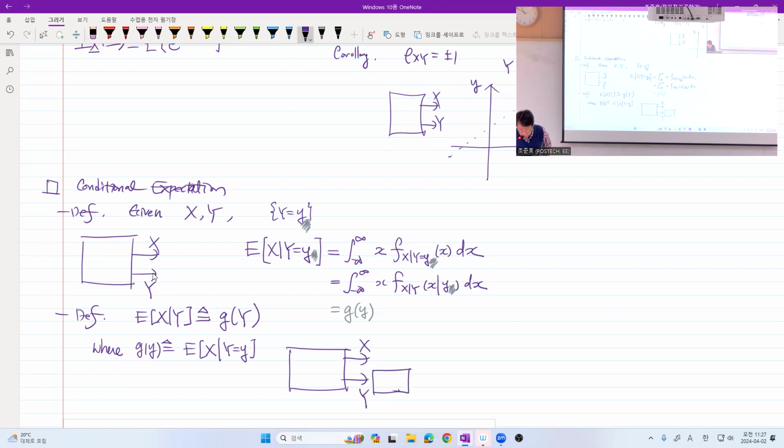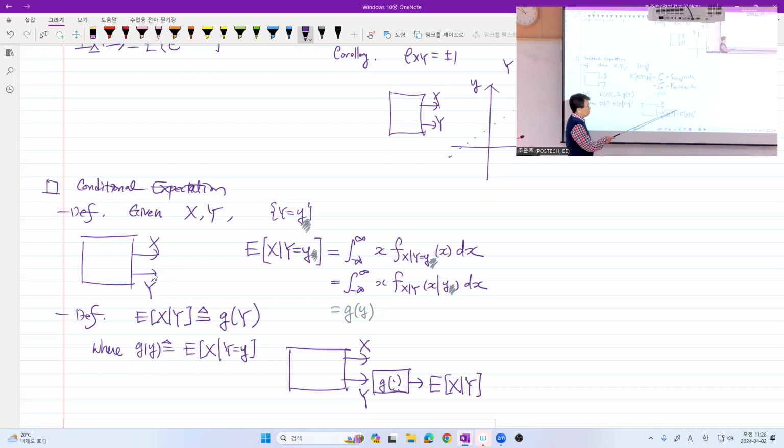And here you put G. Then what is the output? Whenever you derive a deterministic function using a random variable, what is the output? A random variable. This random variable could be denoted by G of capital Y, right? However, this G of Y is what? The conditional expectation of X given Y. And then we call this one expectation of X given Y.